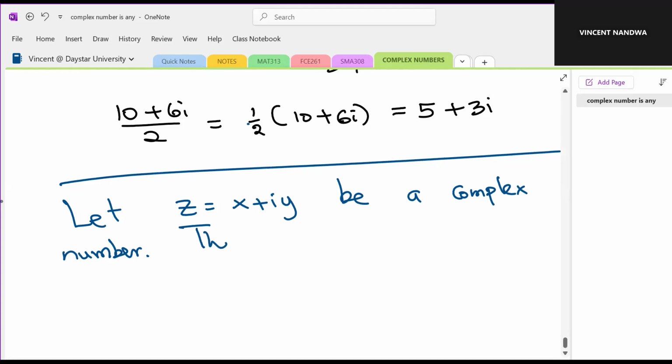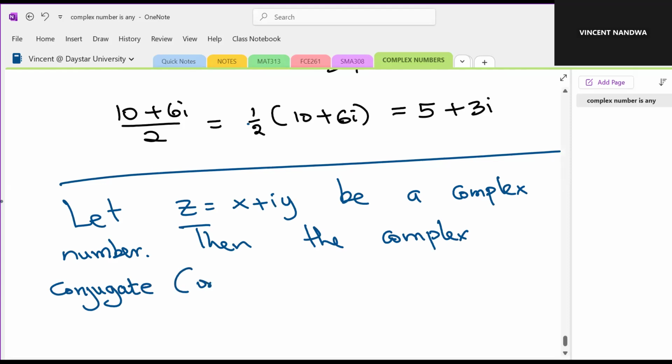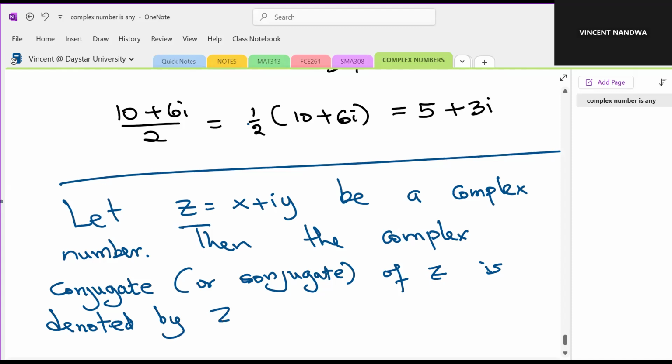Then the complex conjugate, or simply just conjugate, of Z is denoted by Z bar, where you put a bar on top of Z, or you write Z star.